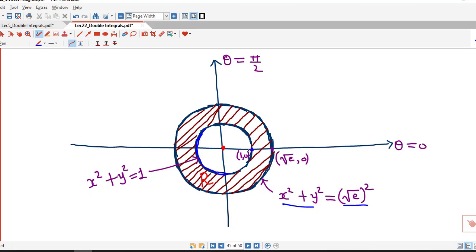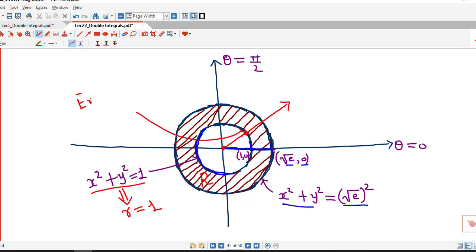This point is (1, 0) because this is the circle of radius 1 and this point is the ordered pair (square root of e, 0) because this is the circle of radius square root of e. Now to decide the limits of r, we consider a ray starting from the origin and passing through the region of integration. At this point the ray enters the region. This point is on the circle x square plus y square equal to 1 and its polar form is r equal to 1.